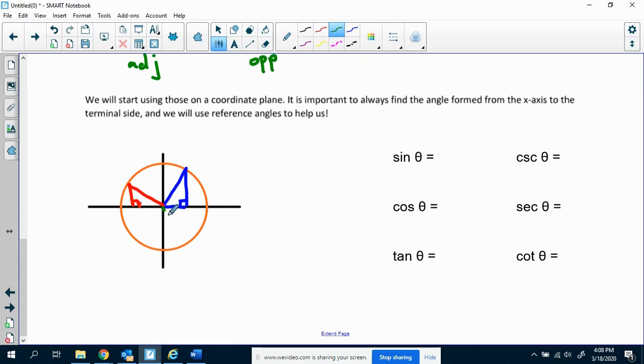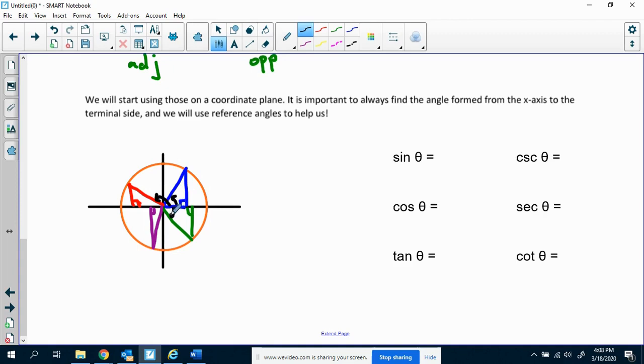Here's another example of a triangle. Right angle is formed with the x-axis. Here's another example of a triangle. Right angle formed with the x-axis. So there are a bunch of examples of triangles that we have formed with the x-axis. One thing that we want to keep in mind is remember that our angles are counterclockwise.